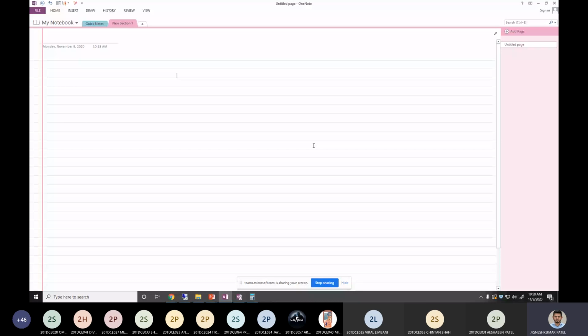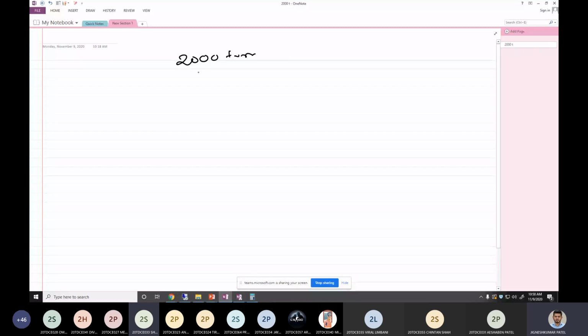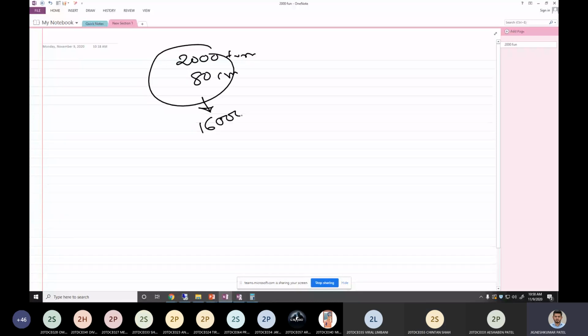Okay. So here, what we have is actually 2000 turn wire. Each turn has 80 centimeter. I'll multiply this and I'm getting 160000 centimeter. I convert it to 1600 meter.